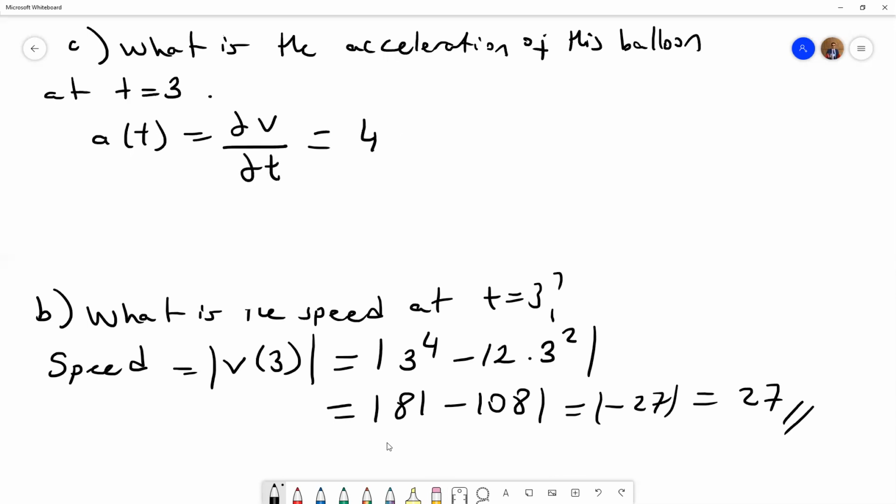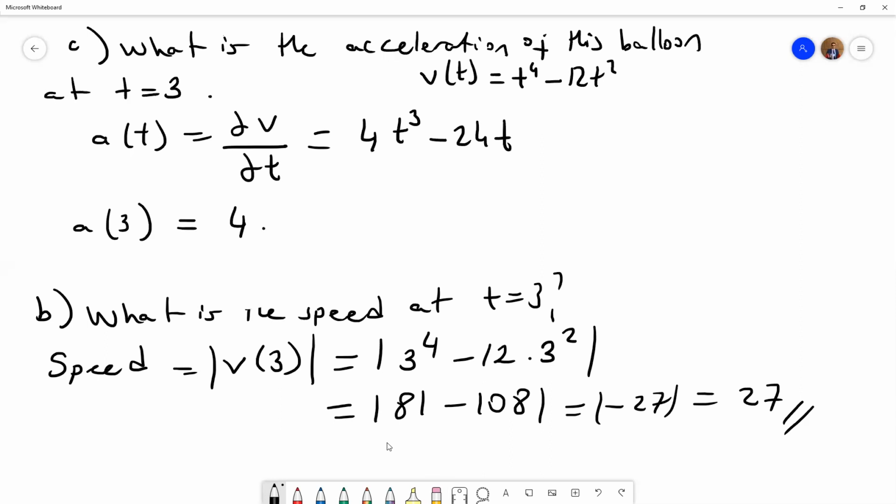So it is 4t cubed minus 24t. You know, velocity function is this one. You may remember from here, t to the power 4 minus 12t squared. So we take the derivative with respect to t of the velocity function, and it is this one. This is the acceleration, and it asks for t is equal to 3. So it is 4 times 3 to the power 3 and 24 multiplied by 3. It is 108 minus 72. It is 36.